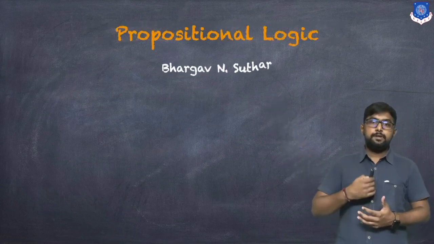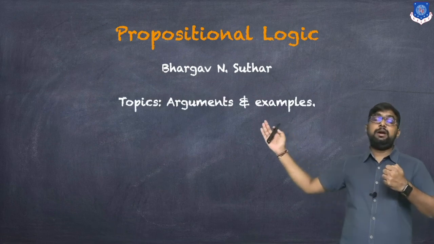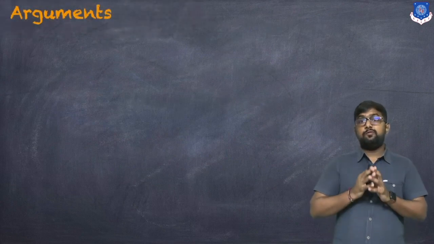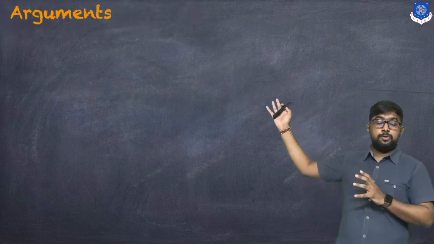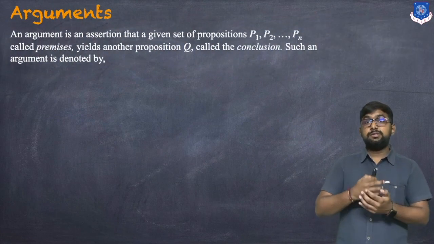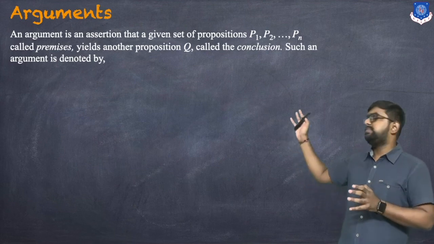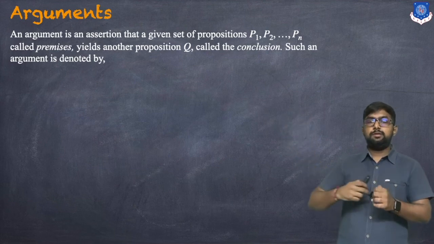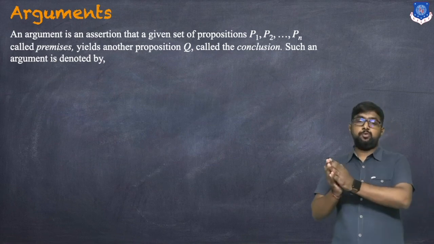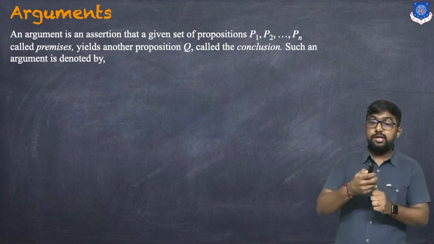In today's session, we will discuss what an argument is and some examples based on that. So, first of all, what is an argument? An argument is an assertion that a given set of propositions, P1, P2 up to Pn, called premises, yields another proposition, let us say Q, called the conclusion.